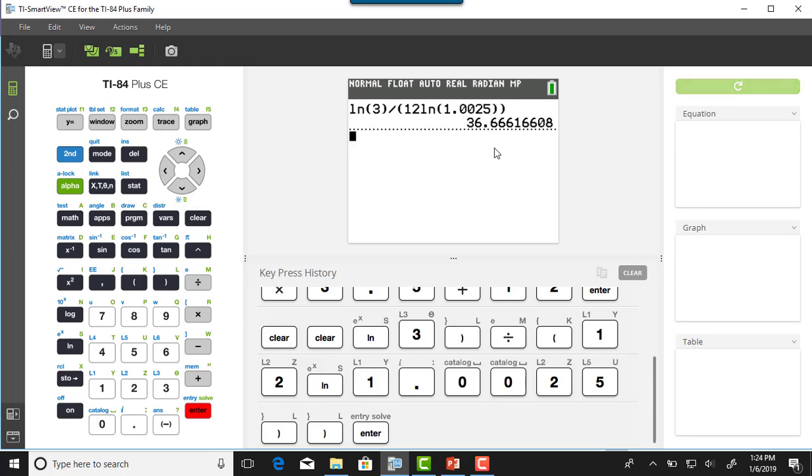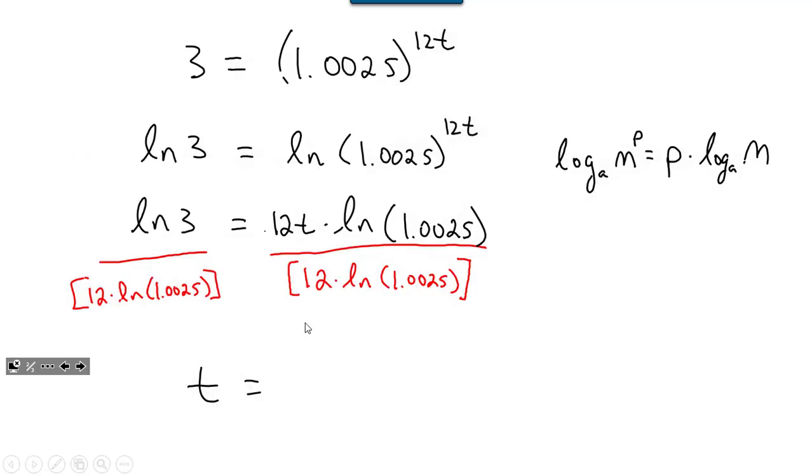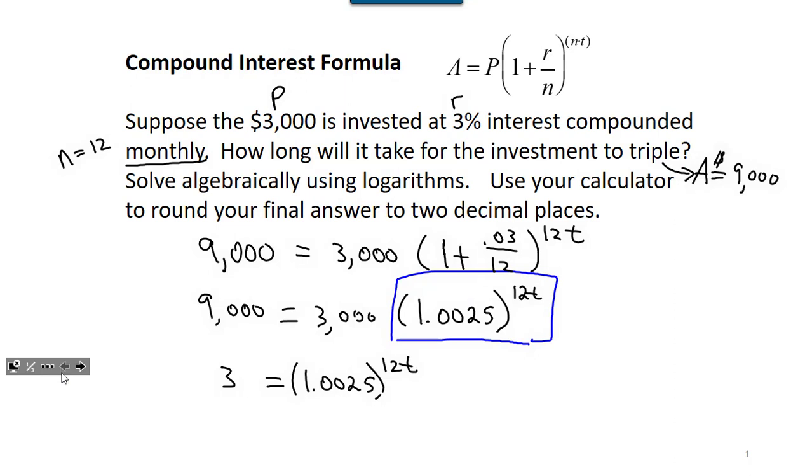Okay, so when I hit enter, I get 36.6661, and so on. So there's my decimal value. So back over here, it was asking me to round this to 2 decimal places.